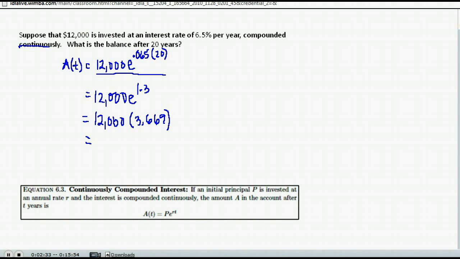Our last step is multiplication. So we take our 12,000 times that 3.669. Again, if you can leave the original number in your calculator, you'll get closer. If you go with this rounded value, you get 44,028. If you go with the unrounded value, you get 44,031.56.